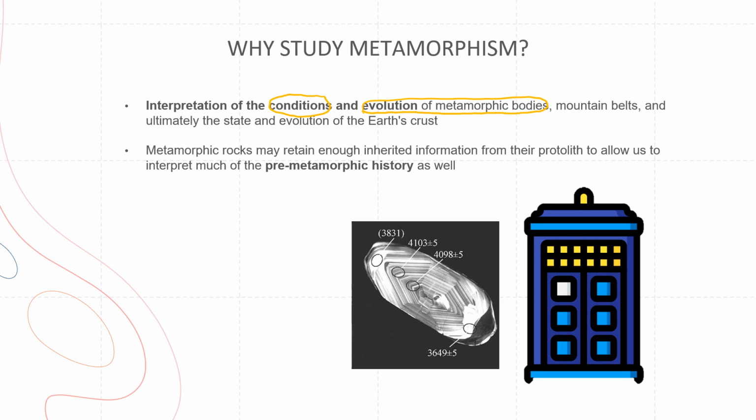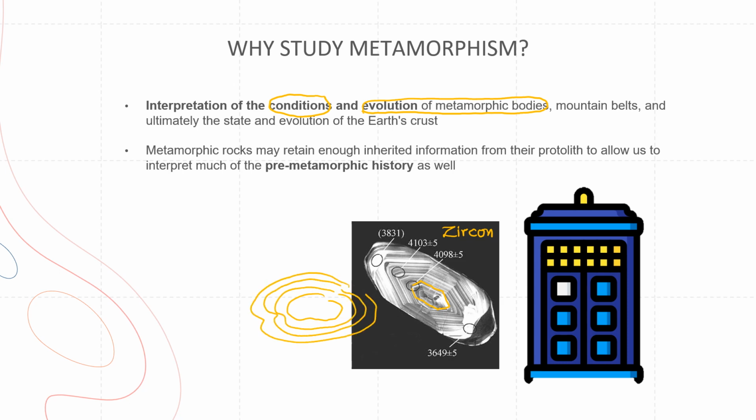So you're unraveling the history of rocks one by one, and you can do that by studying the rocks themselves. And you can also go a step further and study the history captured within minerals such as this zircon, which captures the history of its formation in the zones, the same way that you would study the history of a tree based on its tree rings.